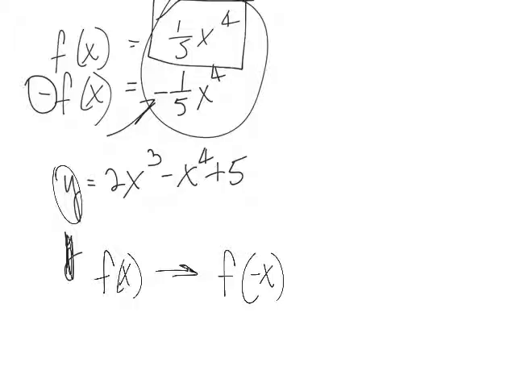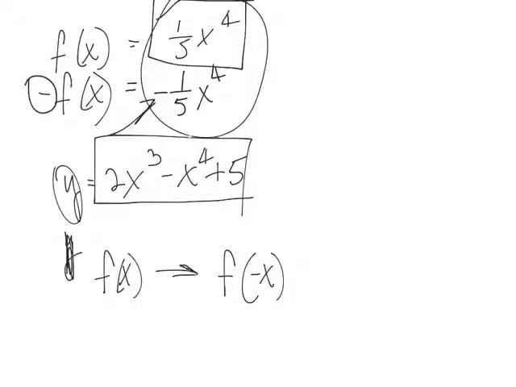So we're not just going to take this whole thing and put a negative sign in front of it as we did up here. Instead, wherever x appears, we're going to replace it with a negative x.